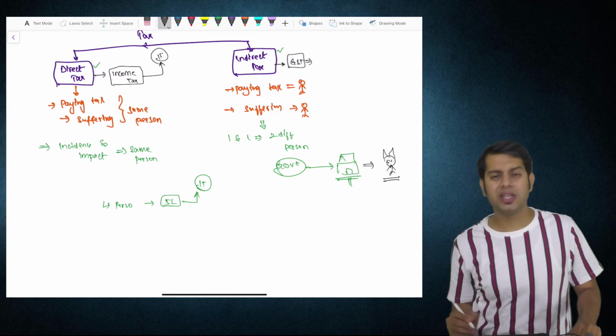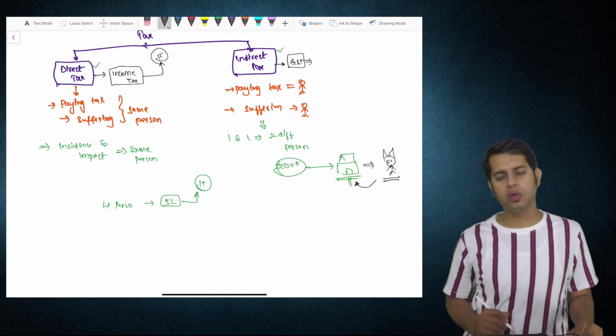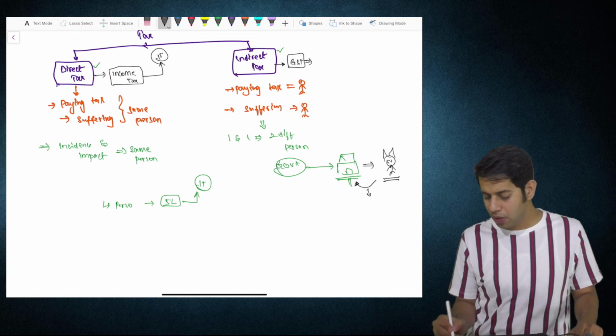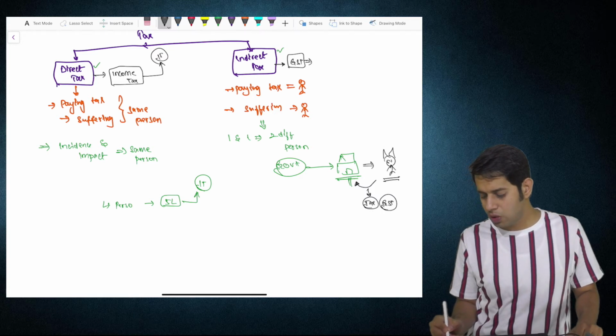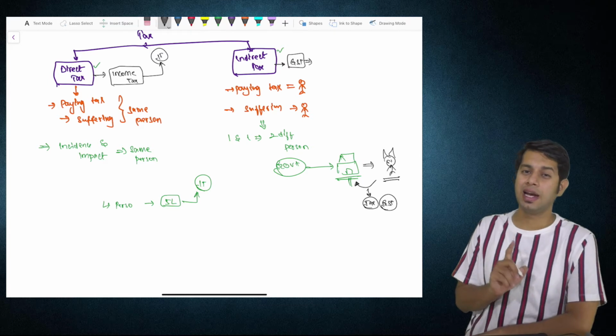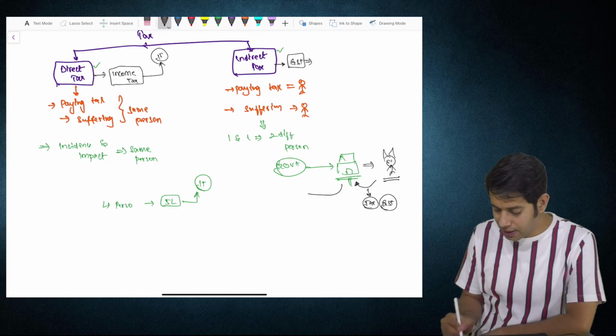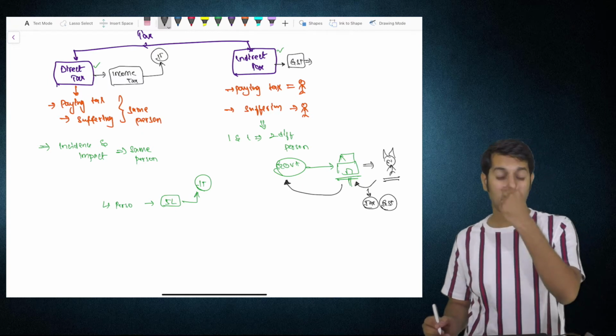I will have to pay some money to the shopkeeper. That shopkeeper will collect GST also on this purchase, and he will pay it to the government.